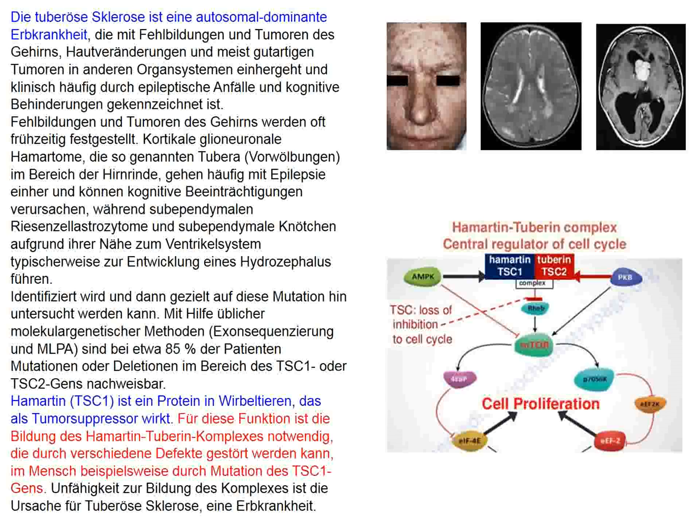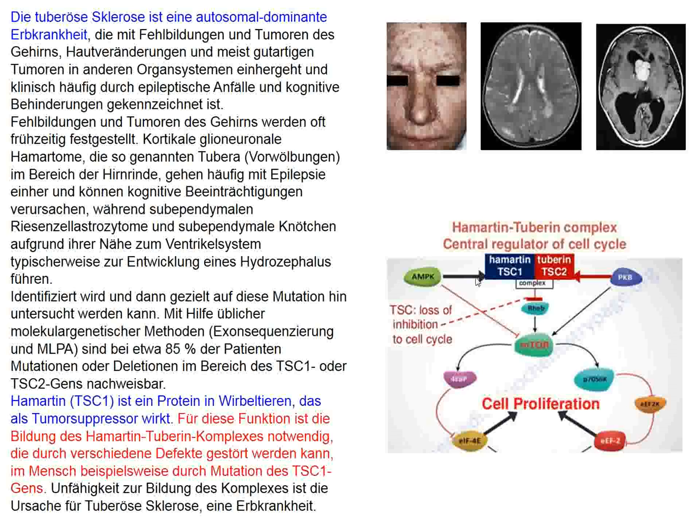And hamartin is encoded by the TSC1 and TSC2 genes. Hamartin is a tumor suppressor protein, which plays an intimate role in the mTOR pathway, which is involved with cell proliferation and growth.